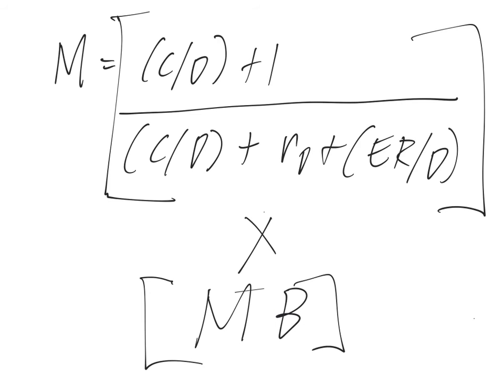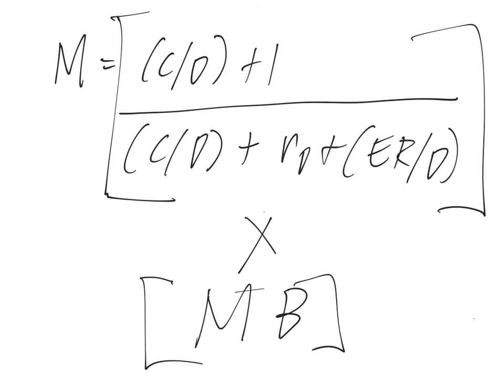So which is it? Well, the easiest way to figure out is, let's imagine that C over D approaches infinity. That's like saying the amount of checking deposits we hold becomes smaller and smaller, and therefore C gets bigger and bigger.